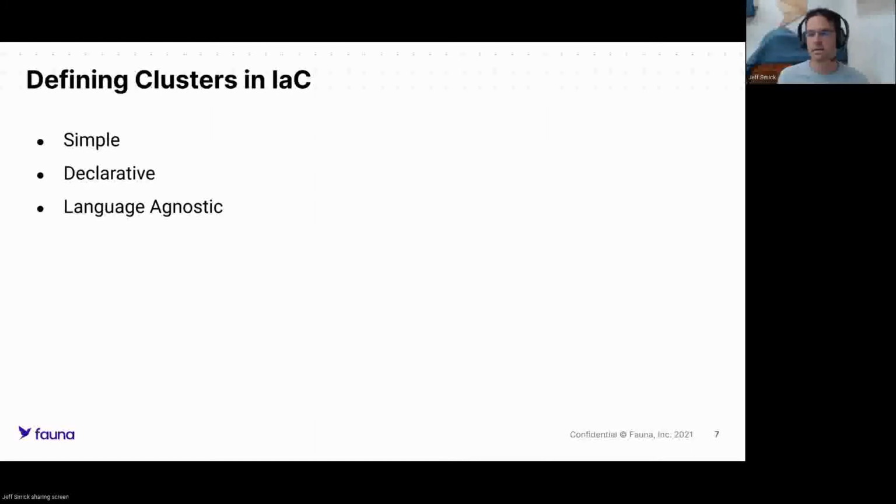When a new cluster needs to come online, we want to be able to write out very clearly what that cluster should look like, where the replicas should live, how many partitions each replica should have. It needed to be declarative so that we wanted to be able to keep it in GitHub. We want to be able to use version control with it. We wanted to be able to review it and ensure that we were building out the right thing before we got started.